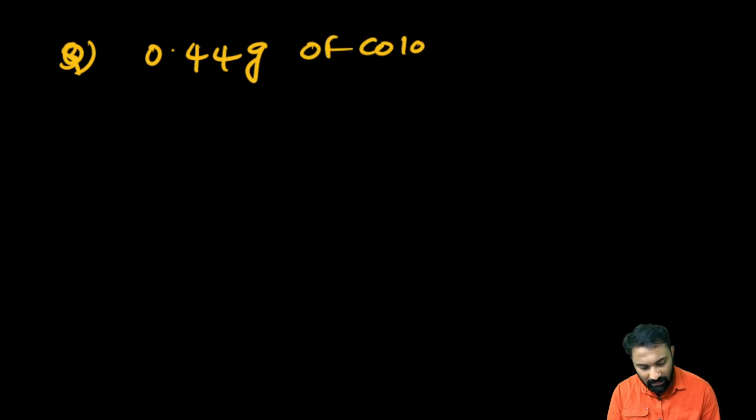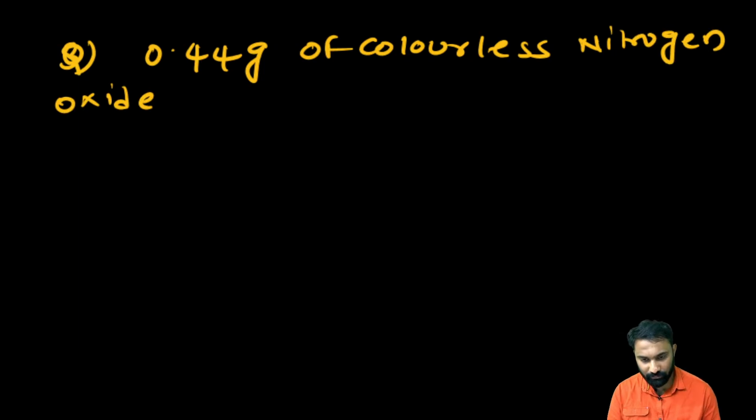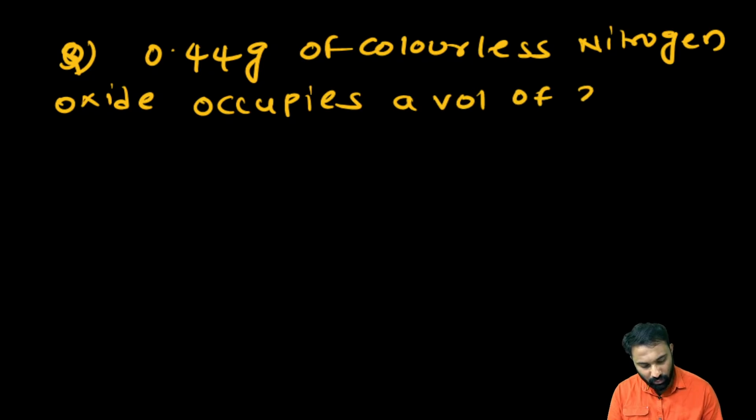Question number 3. 0.44 gram of colorless nitrogen oxide occupies a volume of 244 ml.